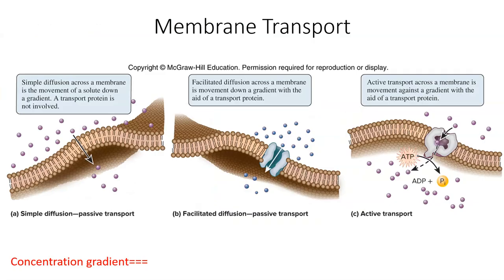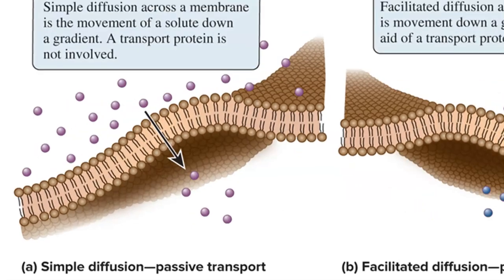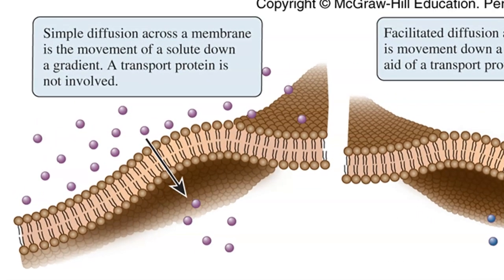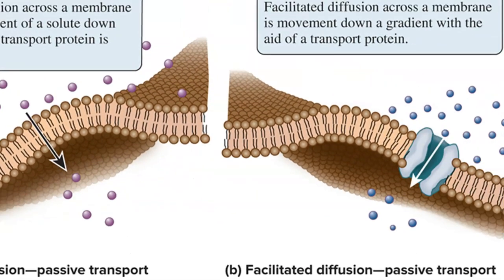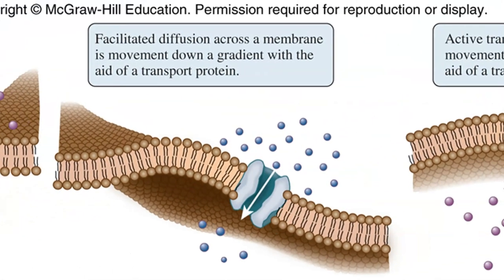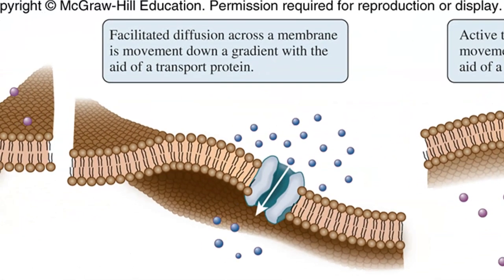Again, just to show you a picture that maybe puts it into context a little bit better. When we're looking at simple diffusion, you see you have a high concentration of purple ions at the top. They're going directly through the membrane to a low concentration of purple ions. Here is facilitated. You still see a high concentration of blue ions, but it's facilitated, so it has to go through a channel or a protein, and it's still moving to a low concentration at the bottom.